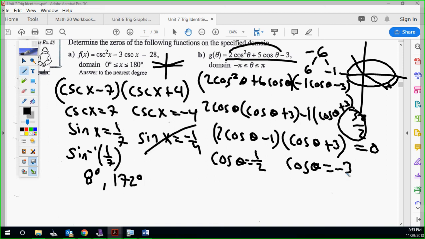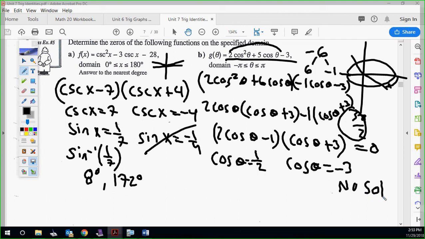Cosine of -3 we can't do, because it's going to be outside the domain, but we can try it if you want. The reason -3 is outside the domain is because it's too high, so the arc length's not going to work. We can cross that one off because it's outside the parameter. If you guys real quick, what is inverse cos of -3? Does it say anything or does it say error? Okay, so that's also why. We got no solution here.